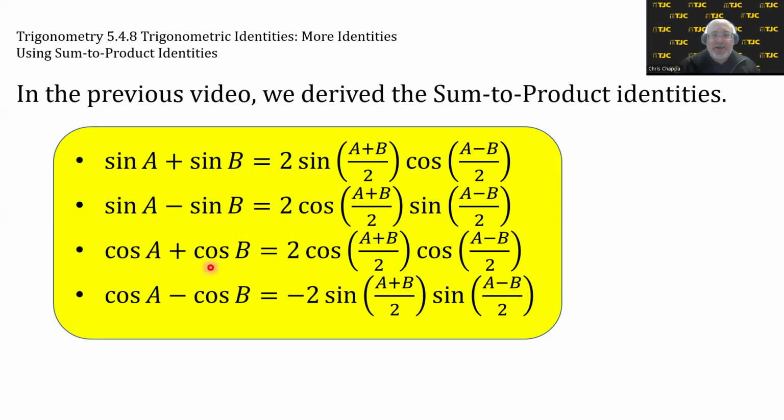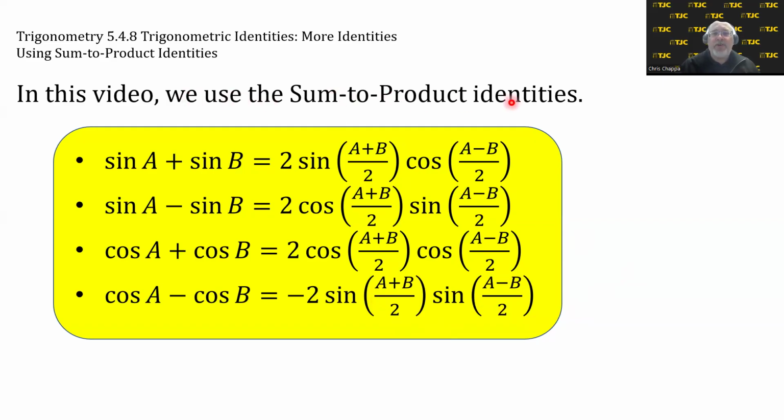And cosine of A plus cosine of B equals 2 times cosine of (A plus B) over 2 times cosine of (A minus B) over 2. And finally, cosine of A minus cosine of B equals negative 2 sine of (A plus B) over 2 times sine of (A minus B) over 2.